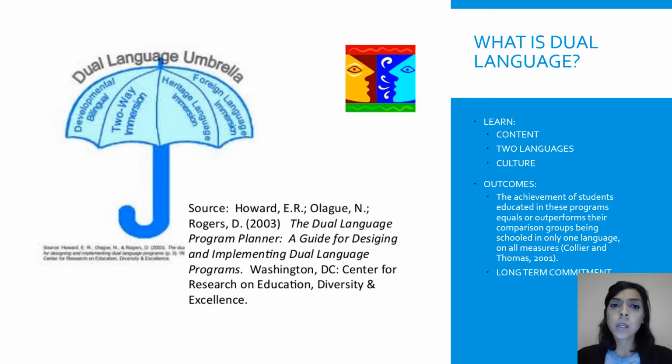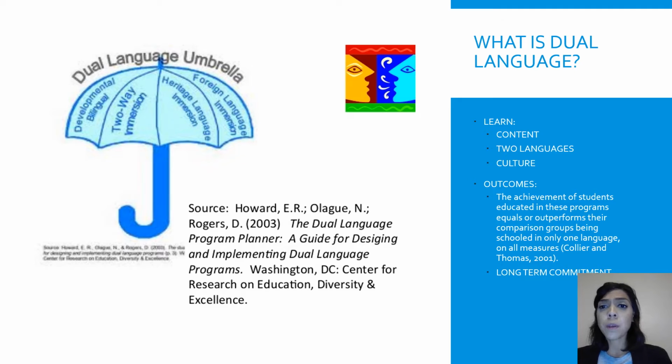We also learned how being bilingual, how being in a program that is dual language, has so many benefits and so many outcomes, like their academic performance, their scores. The student scores are going up through the roof.